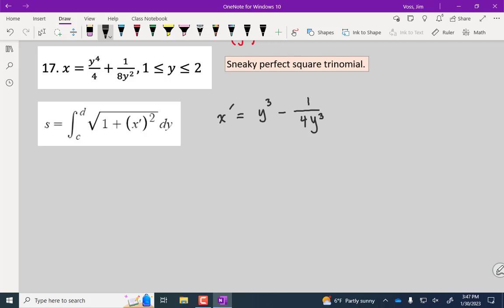Okay. So this is the a minus b thing. Let's write it over here just as a reminder. I'll put these perfect squares right here as a reference. So there's a minus b. Now we have to square it. So perfect square: x prime squared. We take a and we square it.